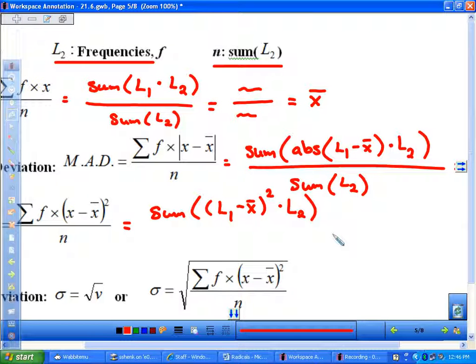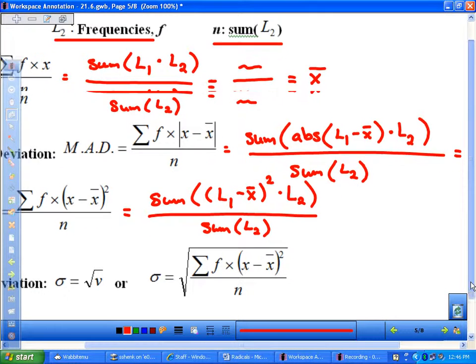Close the sum off. Again, we've got to take our deviation, but this time we're squaring it. But each one of those distances then needs to be multiplied by however many times it occurs. And then we will add them all up, and again divide by n, which is sum L2.